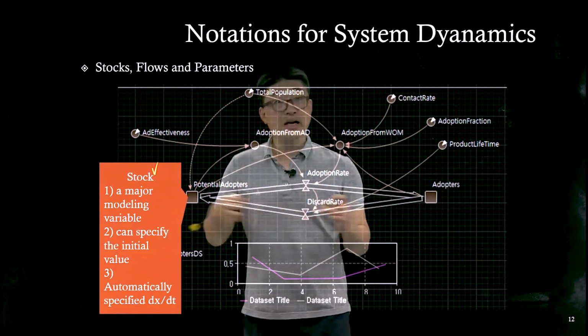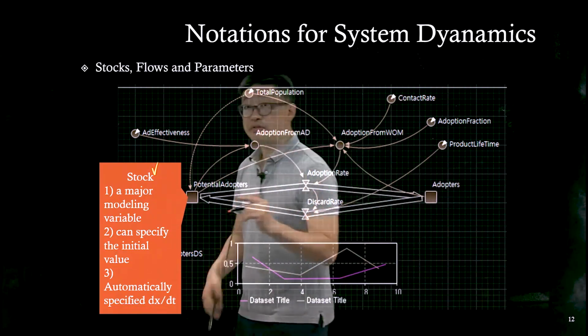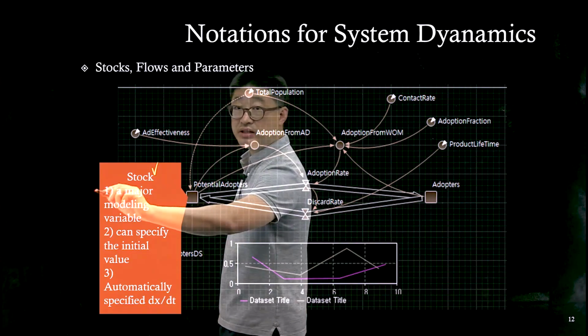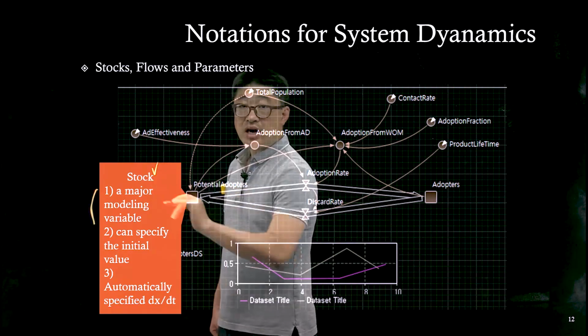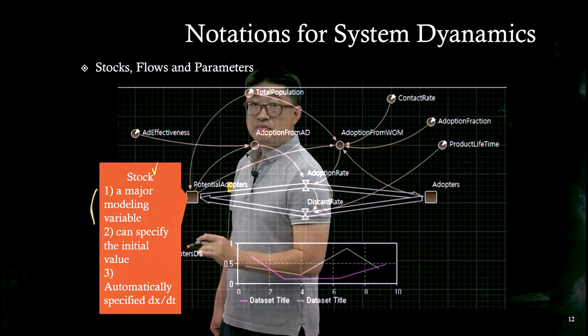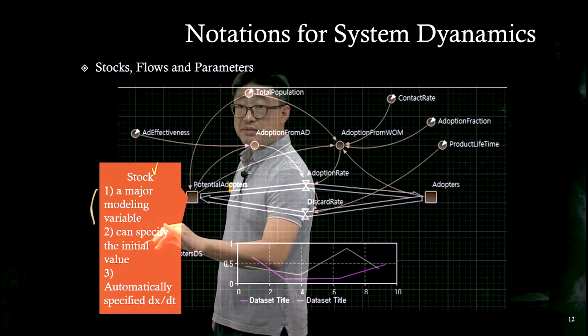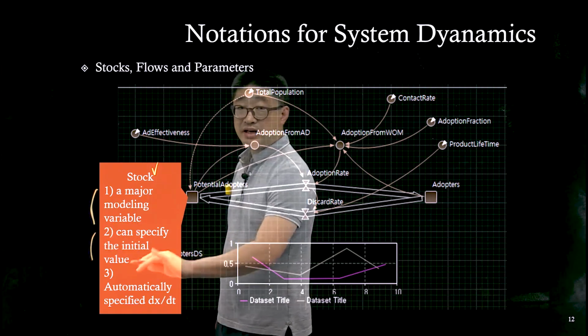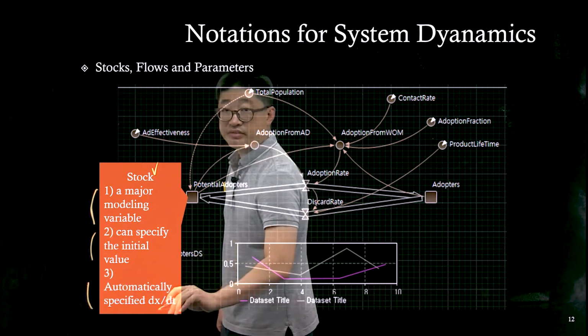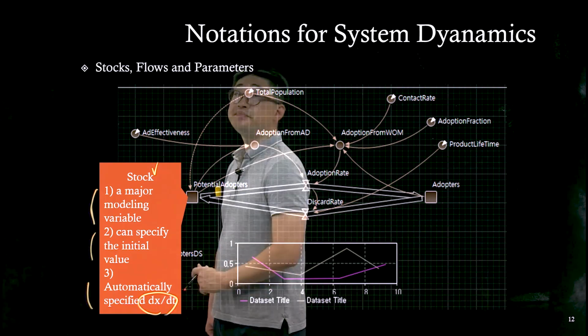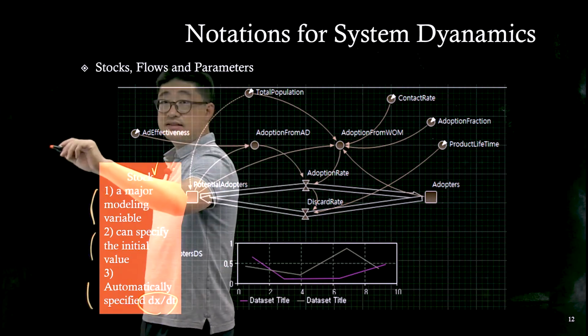These factors are modeled in the system dynamics model as stocks. A stock is a major modeling variable, can be specified with an initial value, and has an automatic feature of dx per dt.